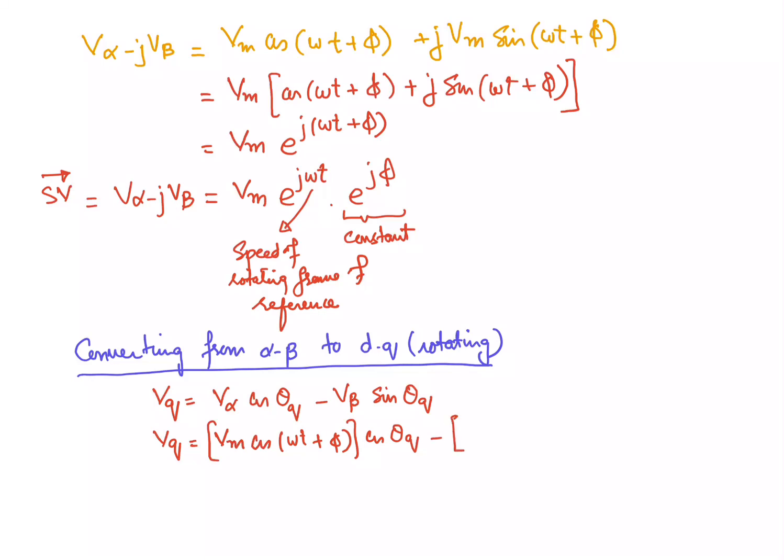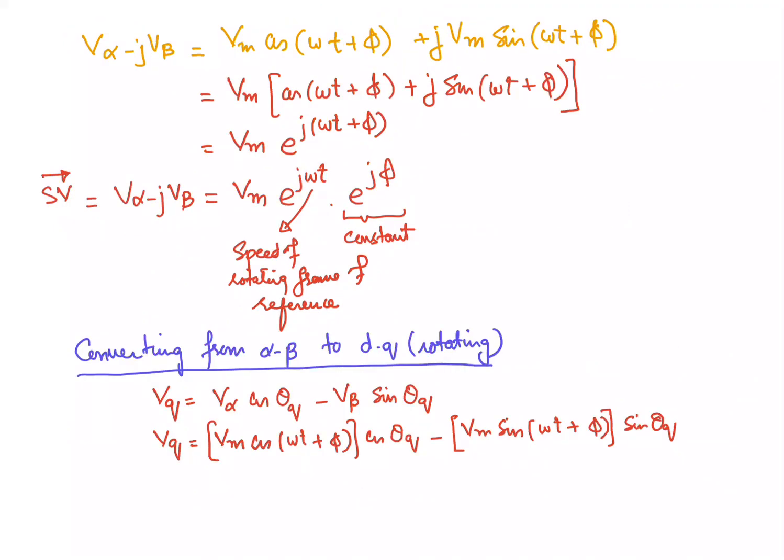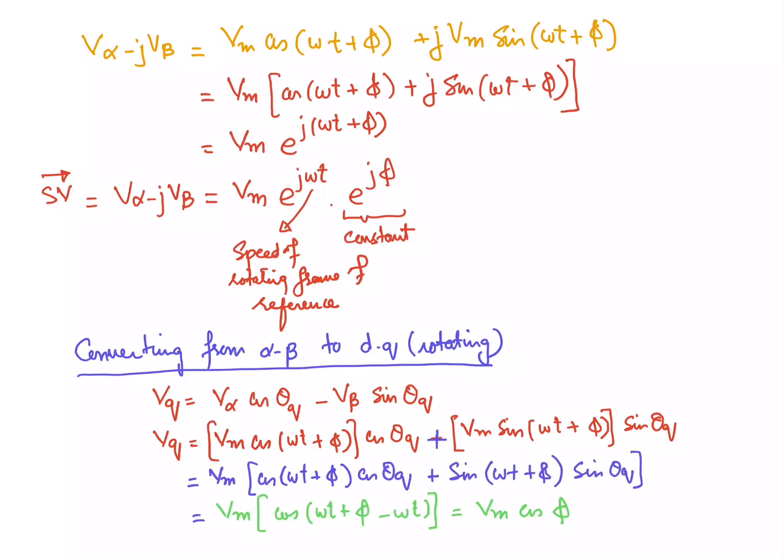V beta is Vm into sine of omega t plus phi, into sine of theta q. So we have taken the expressions for alpha and beta from this slide. Okay, now we need to simplify this one. So simplifying, you will get this expression. So you can see this expression, right?